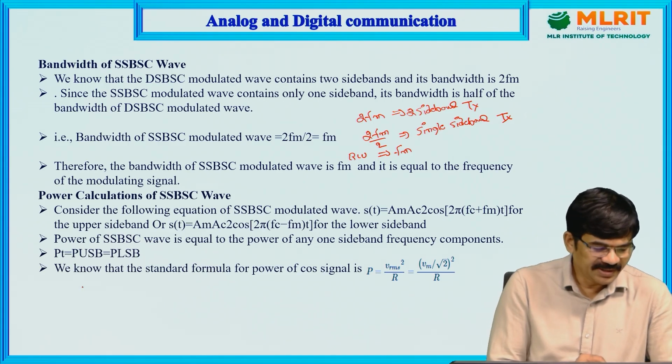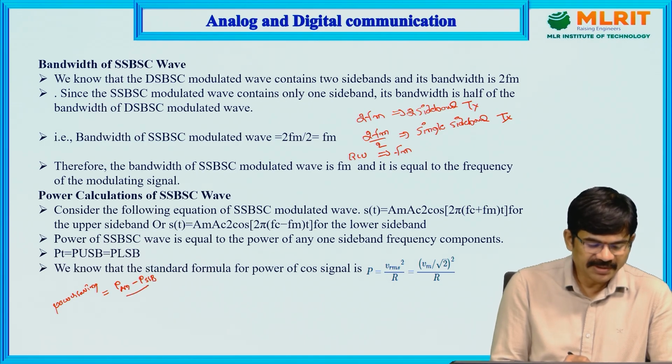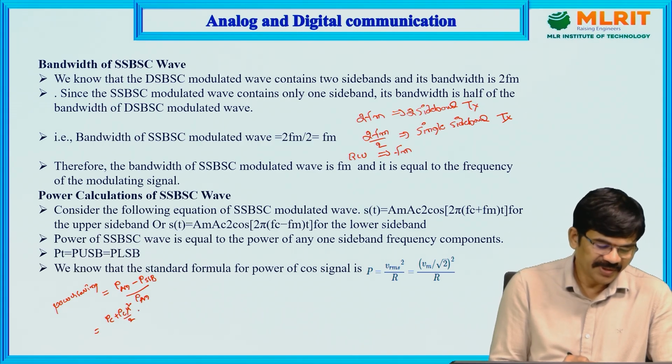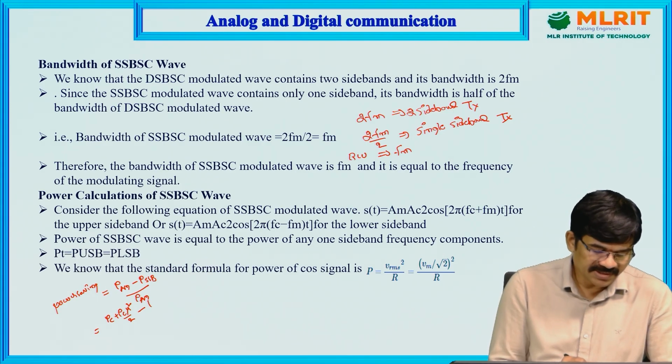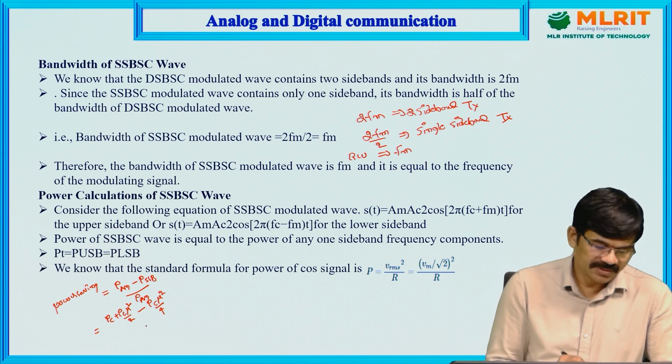The power saving is given by (PAM minus PSSB) by PAM. Here PAM is PC plus PC mu square by 2, and PSSBSC is PC mu square by 4.